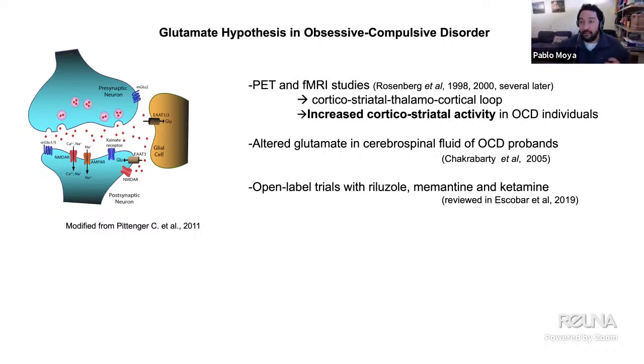Other data pointing toward glutamate in OCD are alterations in glutamate and glutamate metabolites in CSF from OCD probands, and some open label trials, very small, in OCD individuals that are refractory to the common pharmacotherapy, which is SRI.